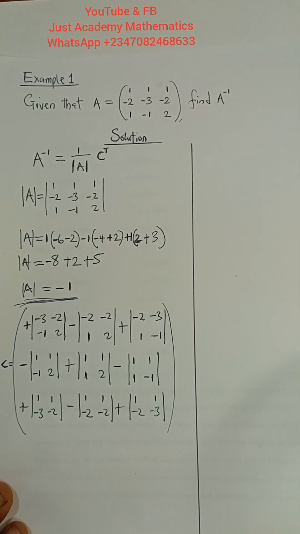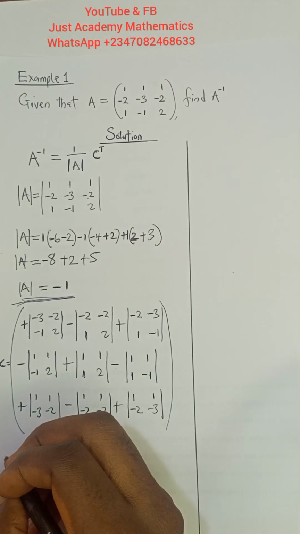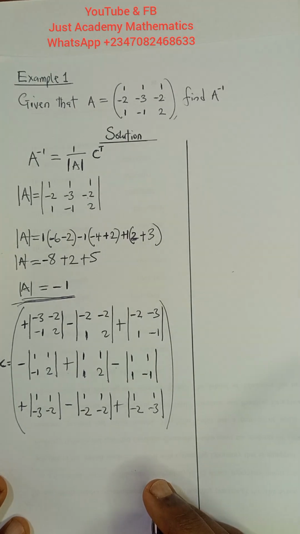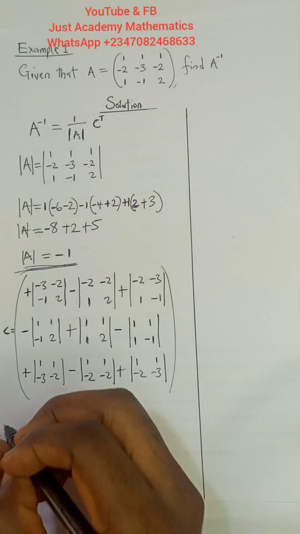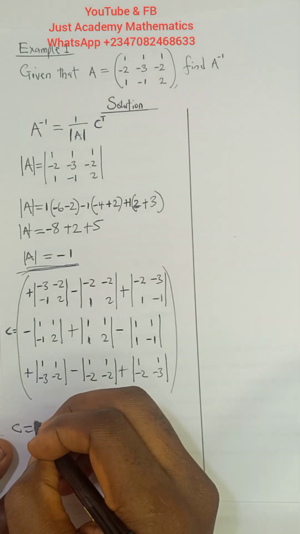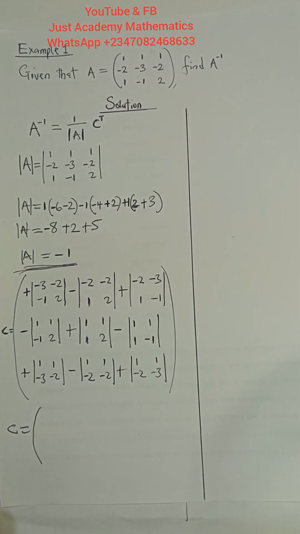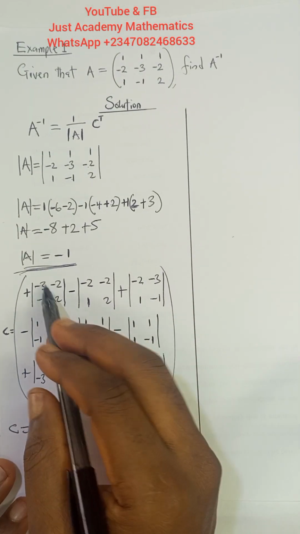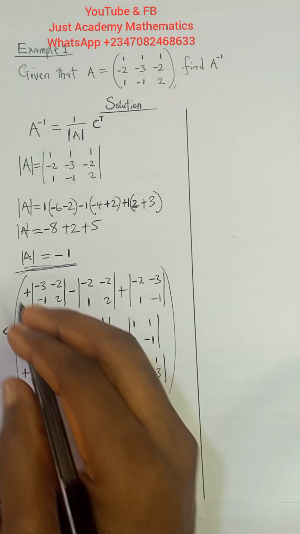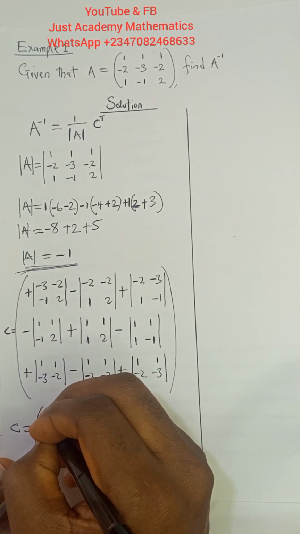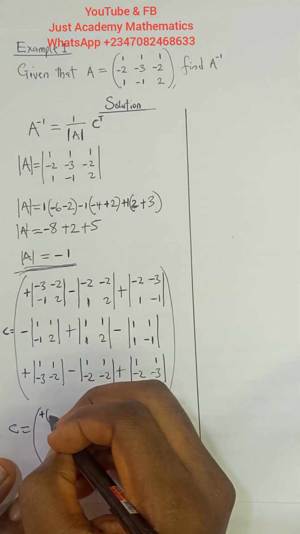C. Now let's do something additional. Now watch. C is now equals to what? Let's get the value of C. Now this time, first of all, there is plus in front there. Then -6.